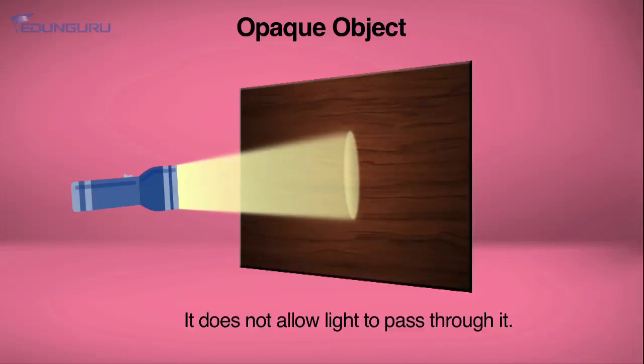So, I hope that translucent, transparent and opaque things are clear to you, and now let us do an activity. I will show you some things and you will have to categorize them into transparent, translucent and opaque objects. So, who is going to do this activity?